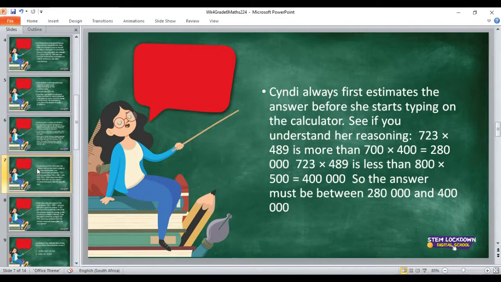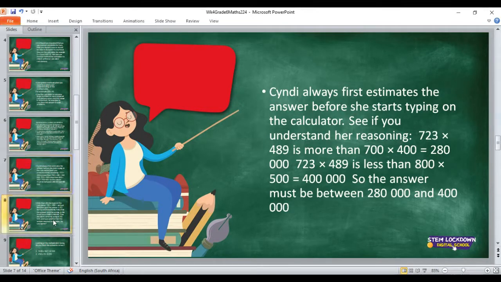Why is she getting 400,000? Because she uses mental calculation: 8 multiplied by 5 is 40. She writes down 40. How many zeros do I have? I have 4 zeros. She adds those 4 zeros to her 40, and now she has 5 zeros. The answer now is 400,000. So the answer must be between 280,000 and 400,000.